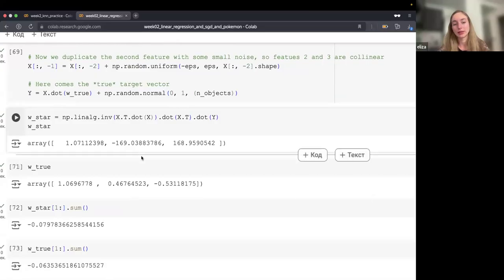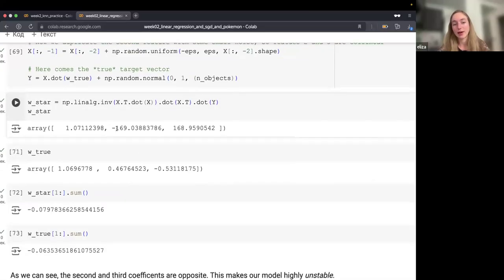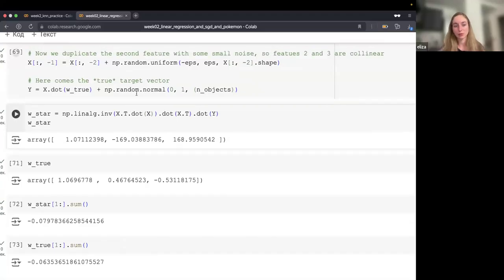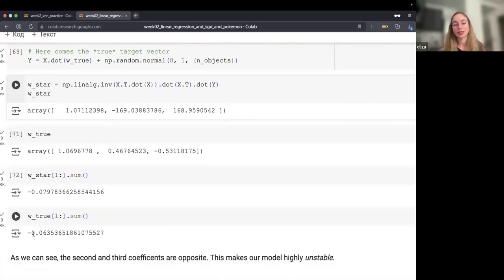But in this situation, every time we reload our program we will get different values, but in sum it will be close to the real weights.